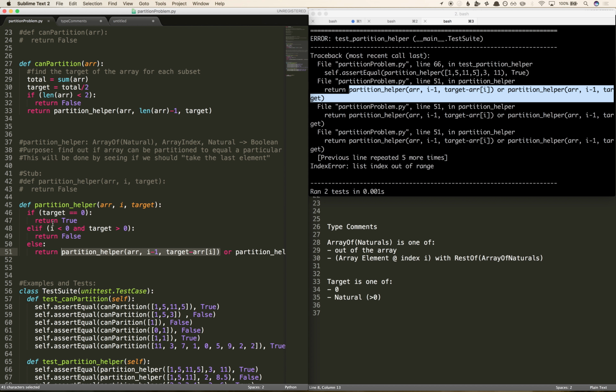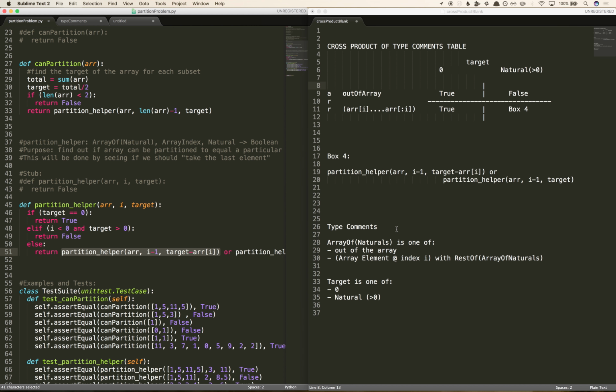And what we see here is that we have not designed any case to deal with that. Even though we have this type comment with target as 0 or natural number, the way the computer runs, we have this case where our target is becoming a negative number. And we have to deal with that.